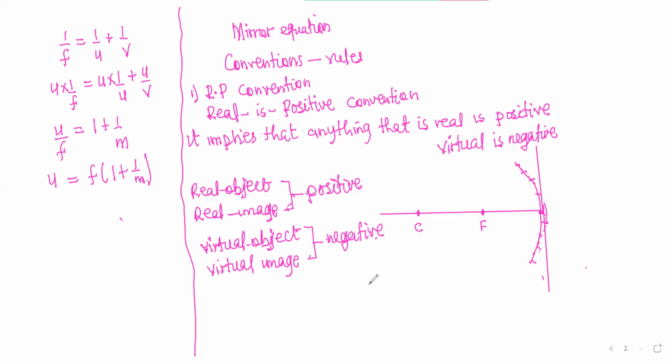Meaning that for a concave mirror, F and R are always positive.